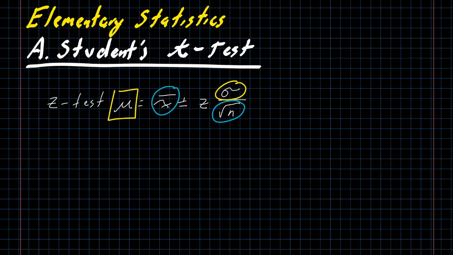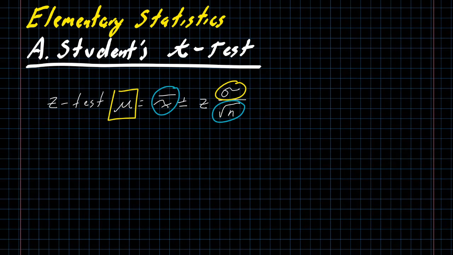The problem with the z-test is that we have a population parameter on the right-hand side. It would be better if we could find a way of first estimating the standard deviation of the population using the standard deviation of the sample, and then using that instead.